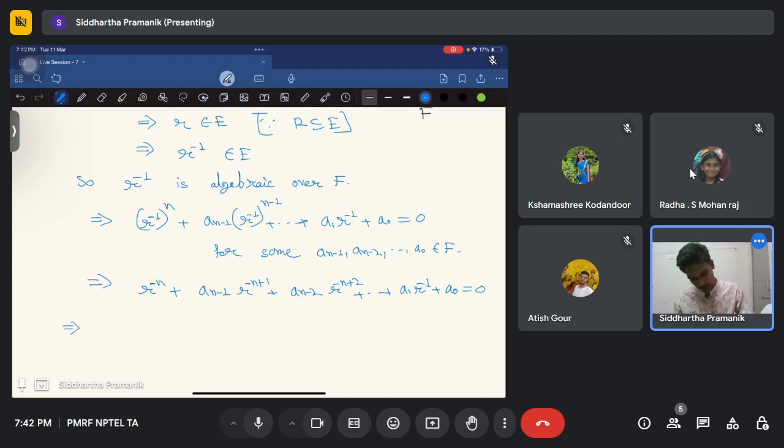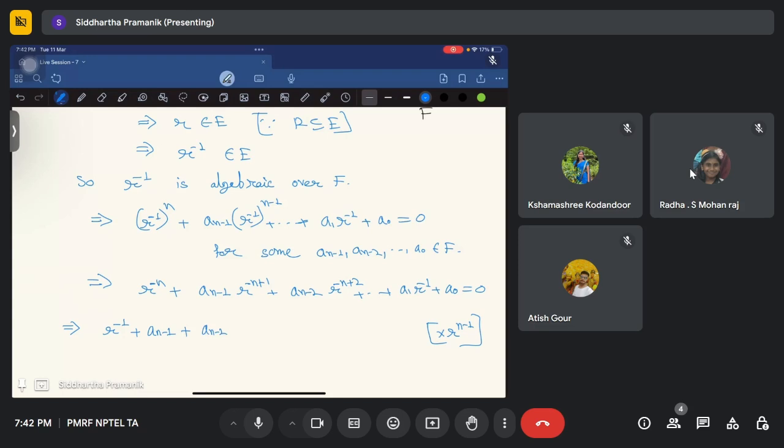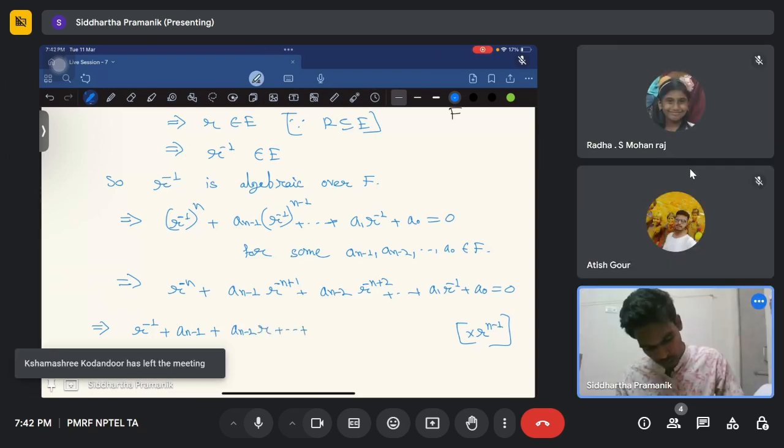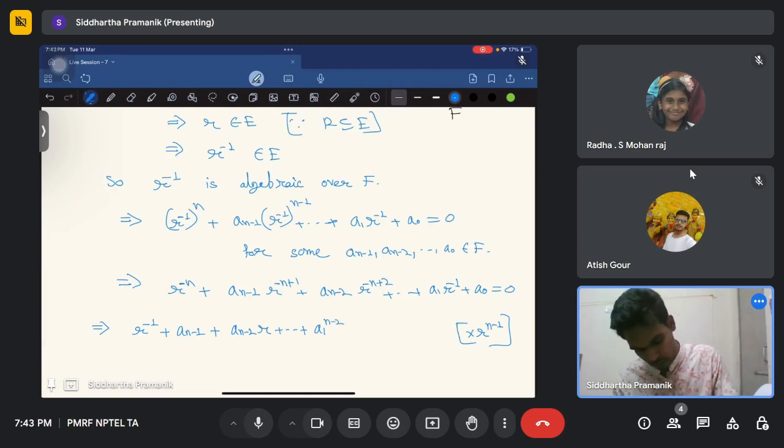Then what happens? Here you will get R^(-1) + a_(n-1) times 1 + a_(n-2) R + ... + a_1 R^(n-2) + a_0 R^(n-1) = 0.